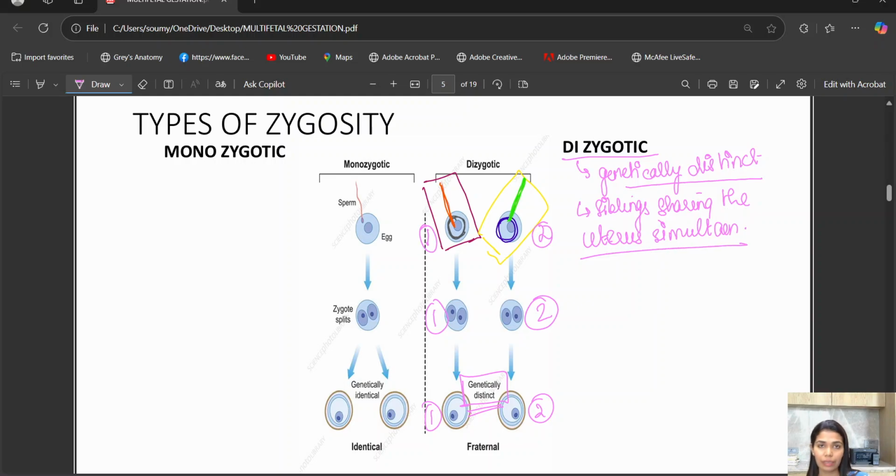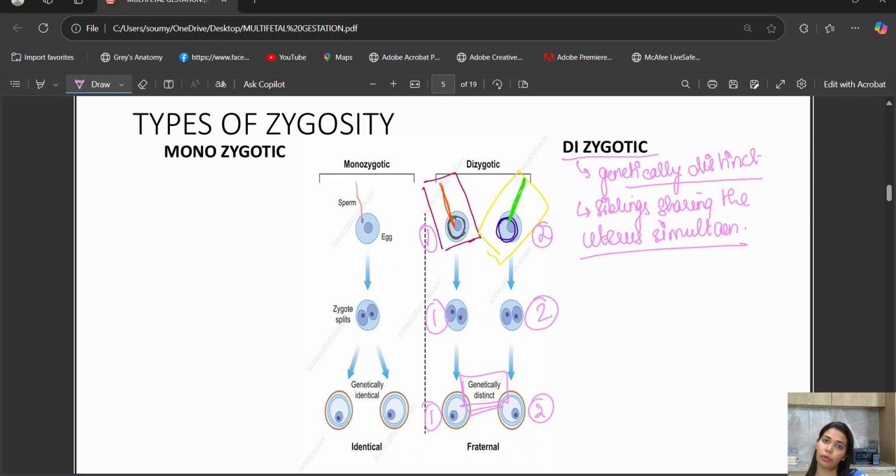Their genetic material is as common as two siblings who were born 5 years apart. It's just that both the siblings are occupying the uterus at the same time. Dizygotic twins were two different zygotes from the very beginning. Now, just think about it logically.